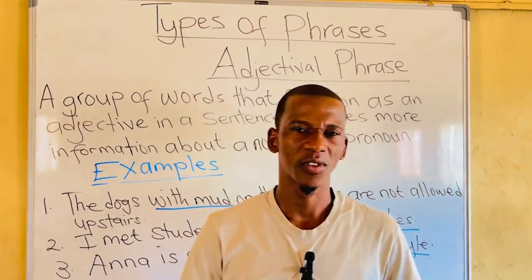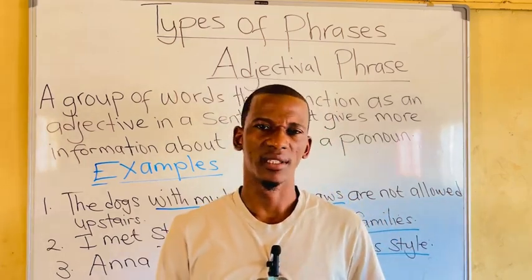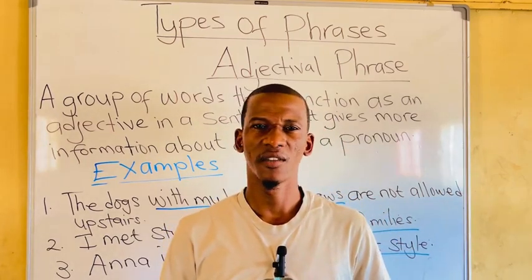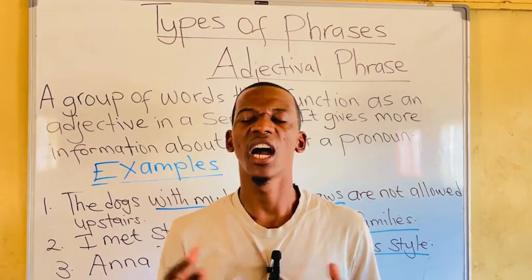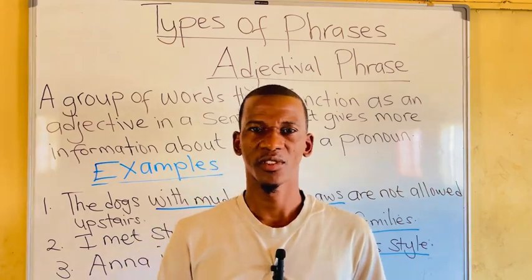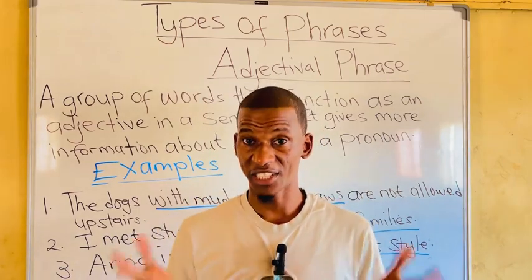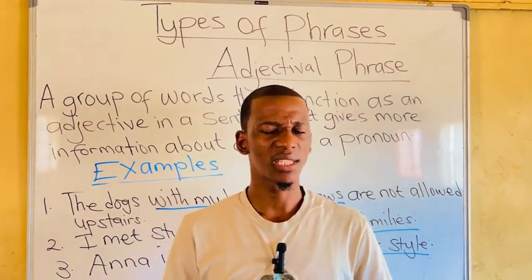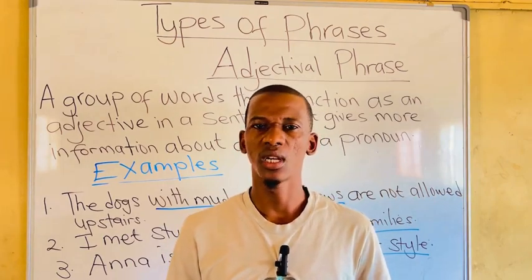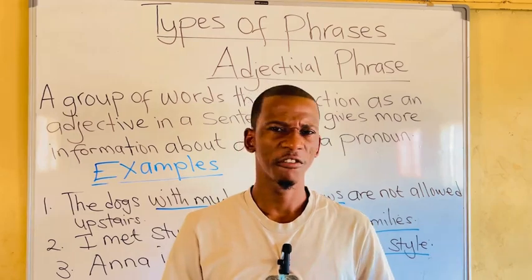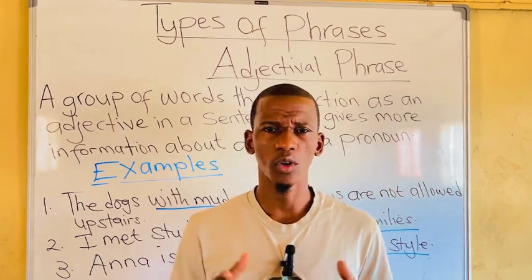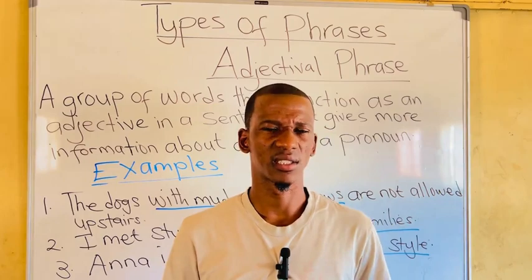First of all, what comes to your mind when you hear the word adjectival? Of course, it is adjective, because the word adjectival comes from the word adjective. First of all, what does an adjective do in a sentence?